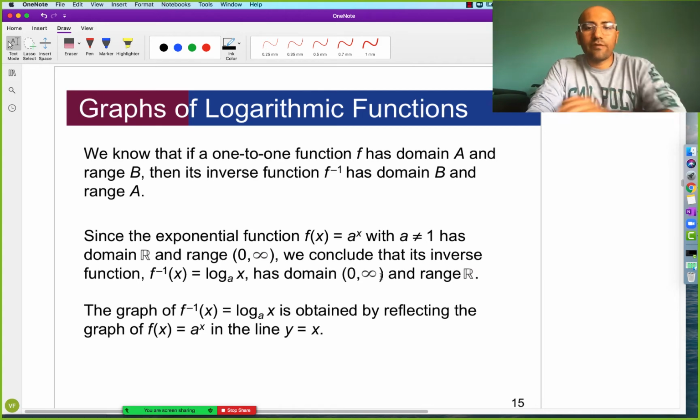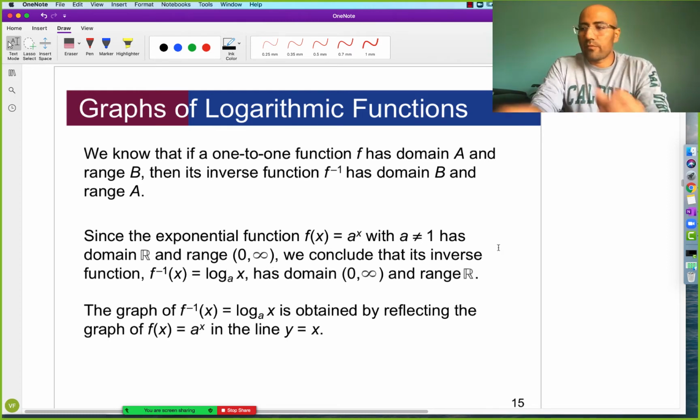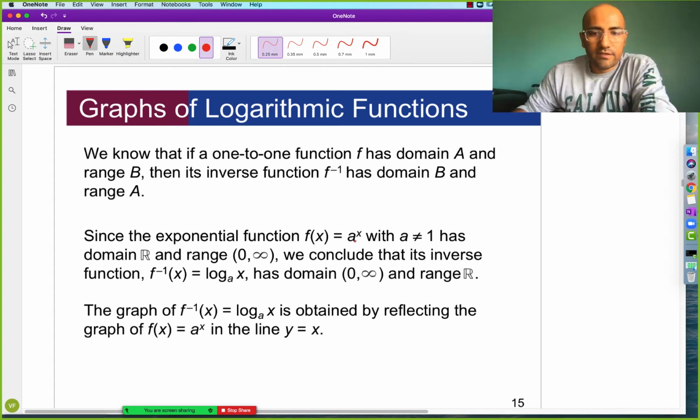For an exponential function of the form a to the power of x, where a is not 1, and remember a has to be a positive number, so it's got to be greater than 0 but not 1, it has a domain R and the range from 0 to infinity. Remember that all of these functions have two general forms.